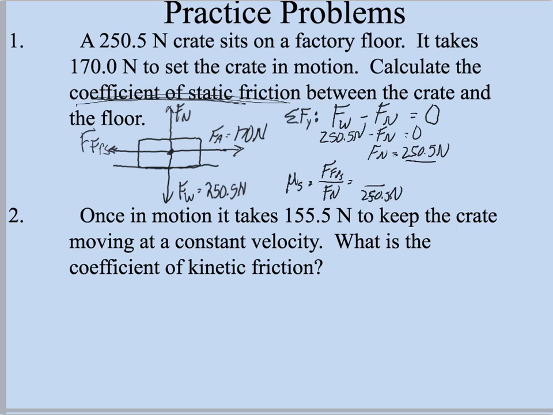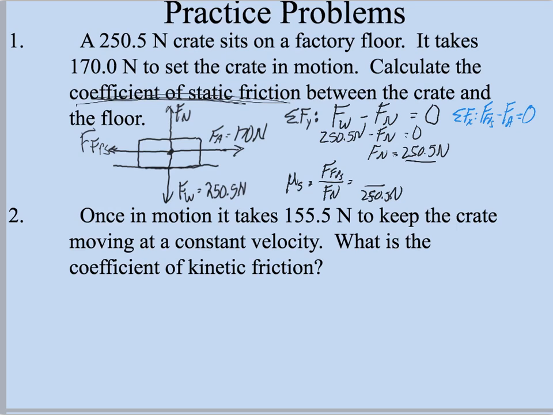Well, on the horizontal axis, the x-axis, we can sum those forces as well. We know that the sum of the forces along the x-axis is two things. We have our friction force minus our applied force, and they are going to add up to 0.